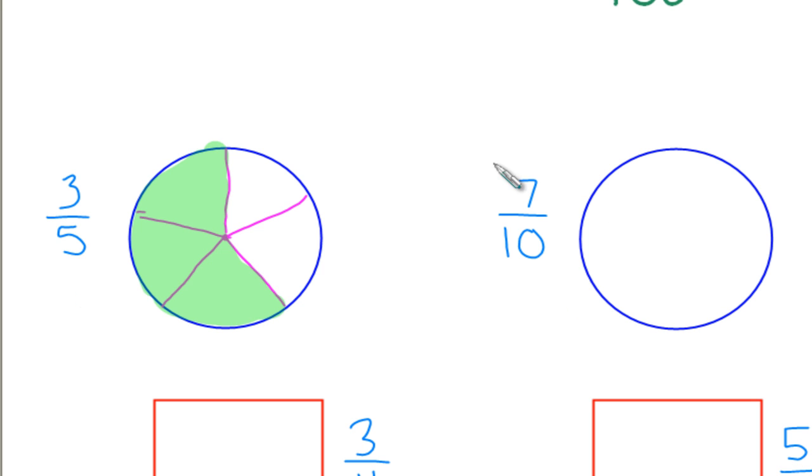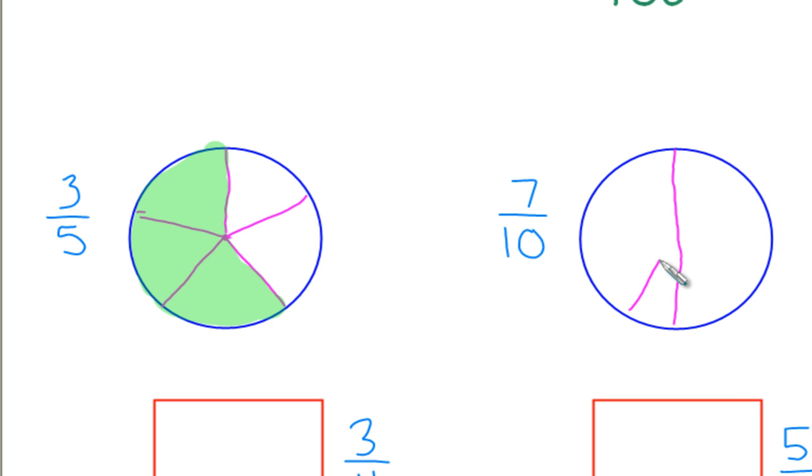Next one. 7 over 10. Annalise, how many pieces do I need? 10, and how many do I need to color in? 7. I'm going to split this right in half. That way I can do 5 pieces on this side and 5 pieces on this side and get 10 pieces. Okay? So let's see.